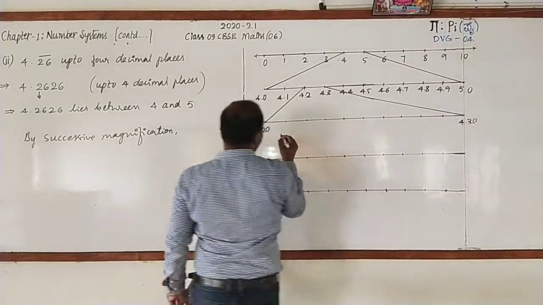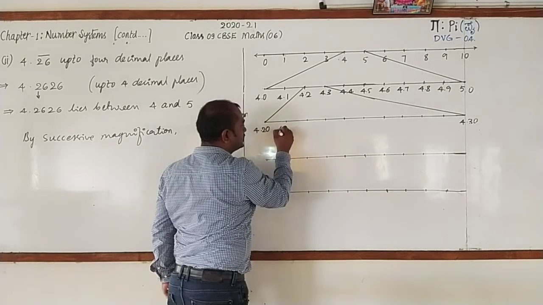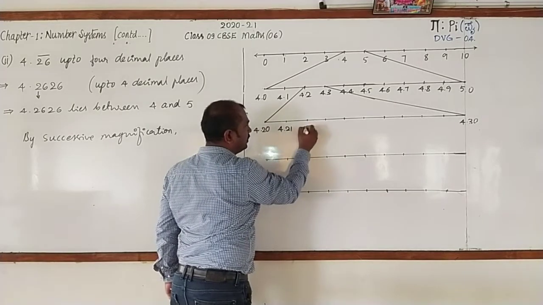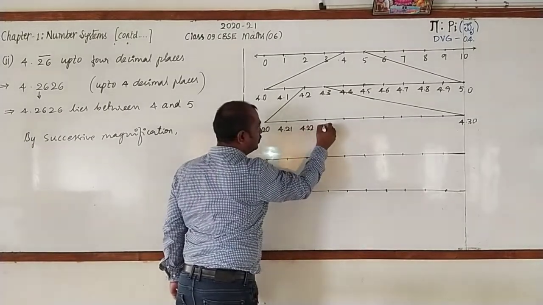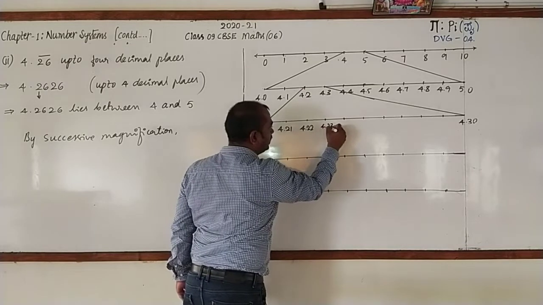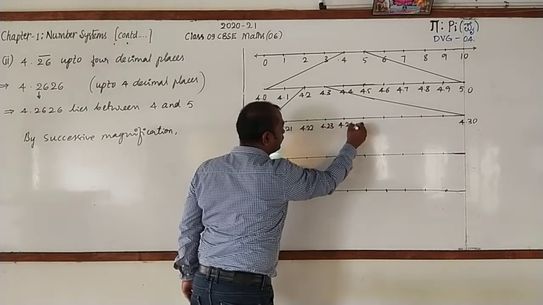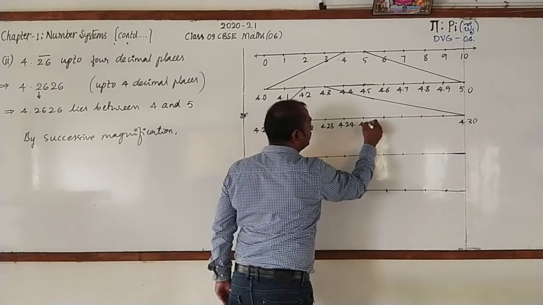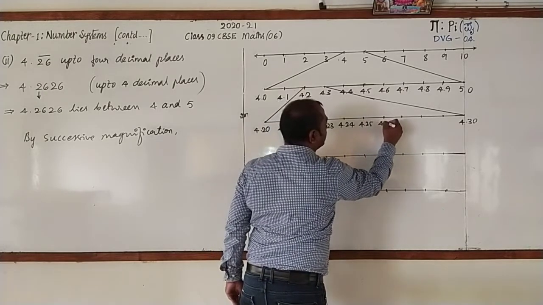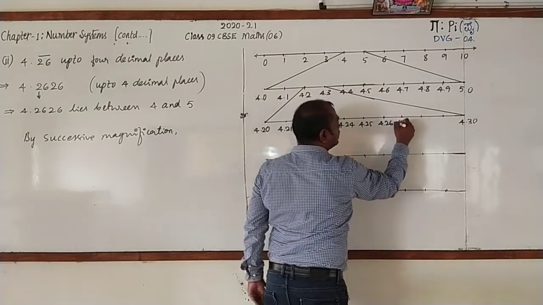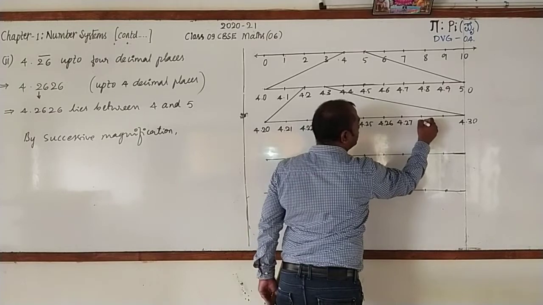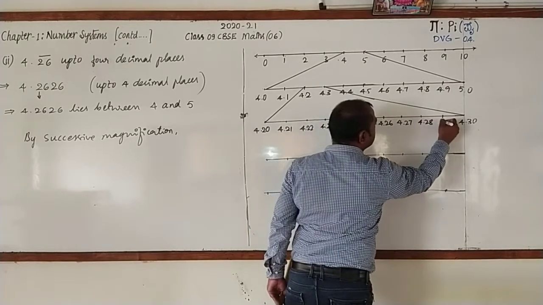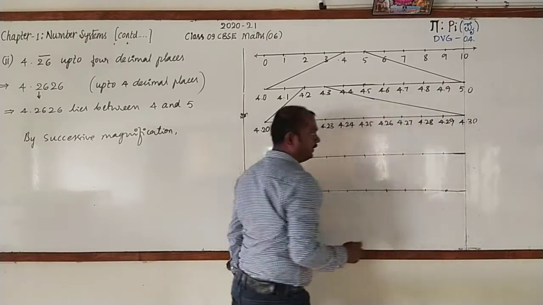Now let us write the numbers. It is 4.20, this will be 4.21, this is 4.22, it is 4.23, this is 4.24, it is 4.25, this is 4.26, this is 4.27, this is 4.28, this is 4.29.